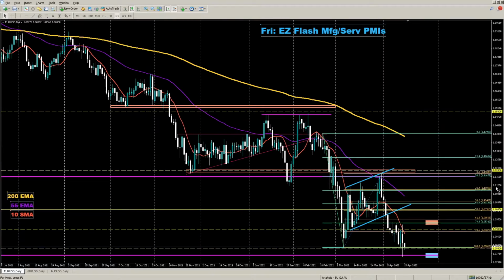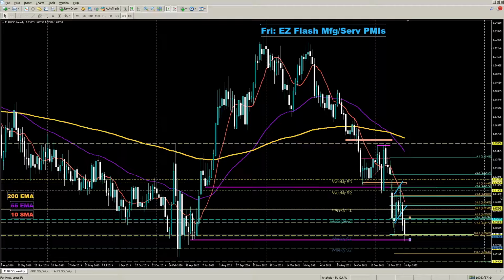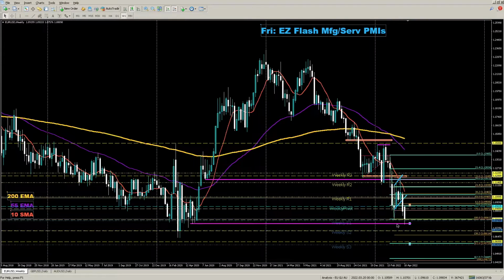Let's take a look at the weekly time frame. It has closed right at that swing low of the previous bearish move down, so that could be for the continuation move. There's still weakness in the euro here, especially with inflation as well as the conflict in Ukraine.